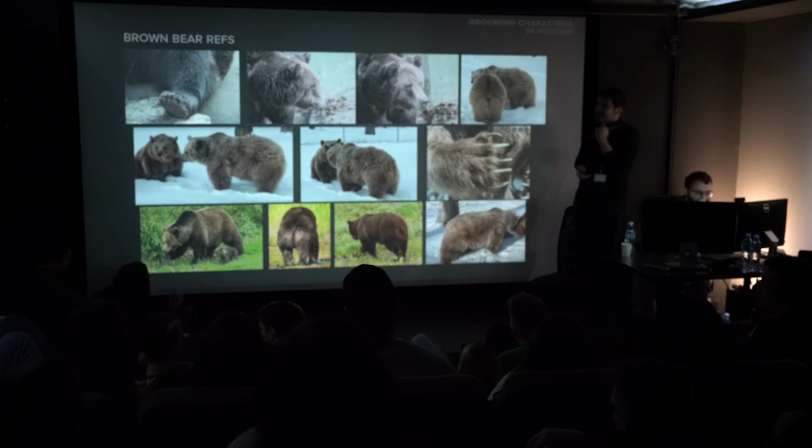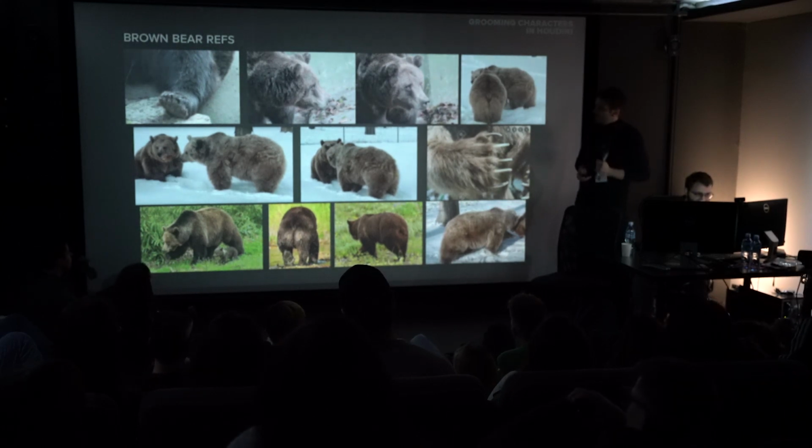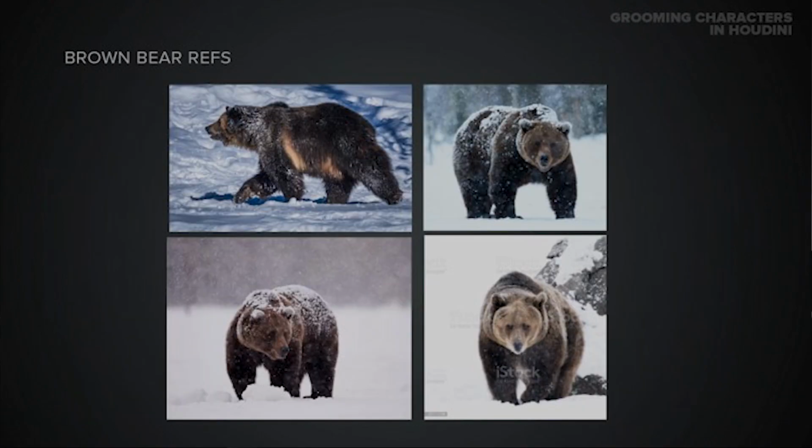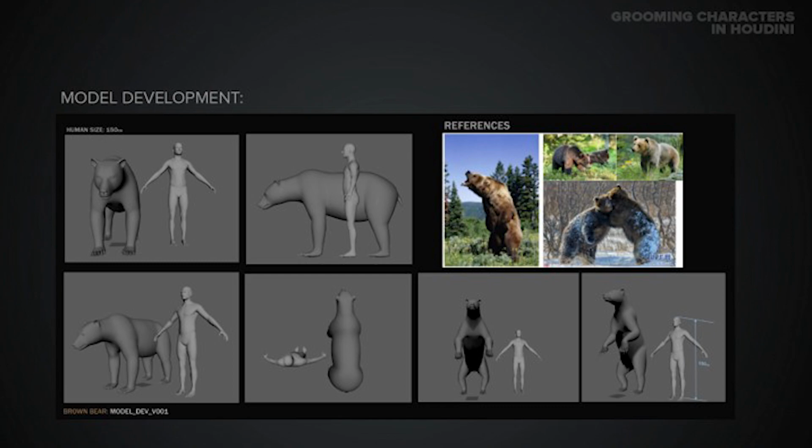Now, this is one of our recent creatures we did last year, brown bear. Of course, like every project, it starts with collecting a lot of references, some model development.